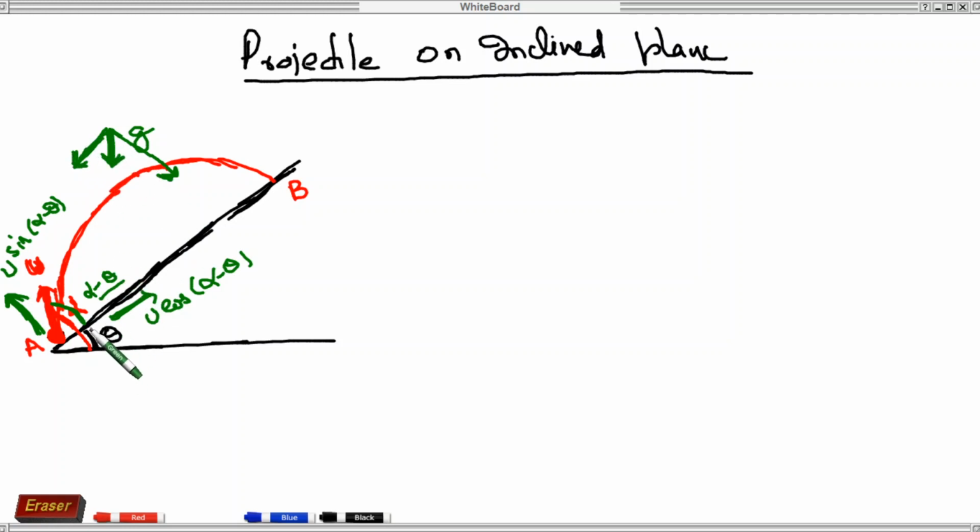If this angle is theta, this will also be theta. So the component of g along this direction will be g cos theta, and this one will be g sin theta.